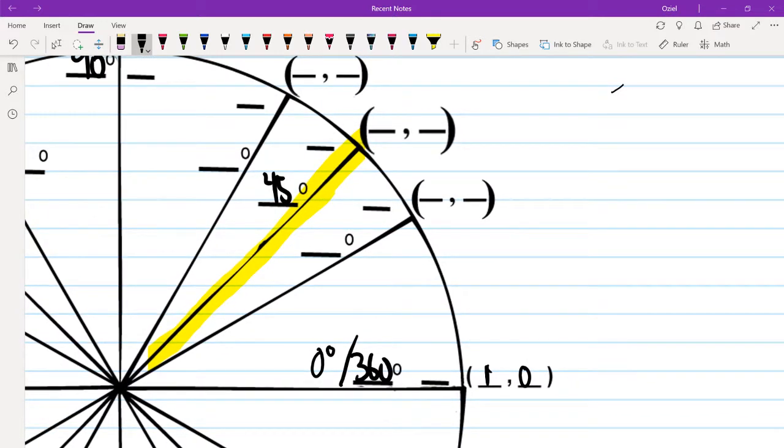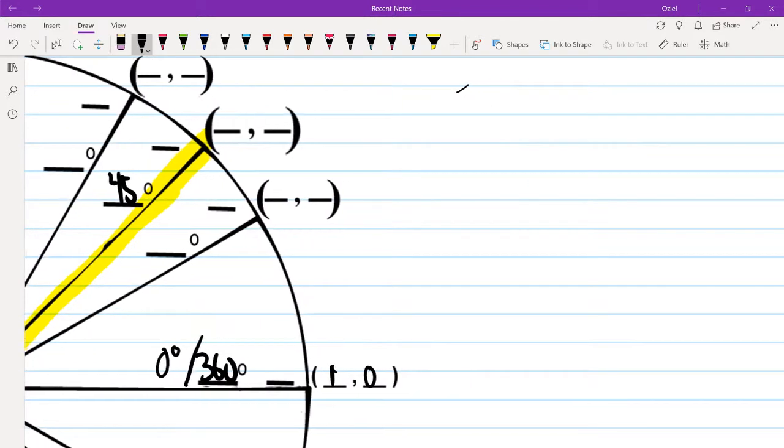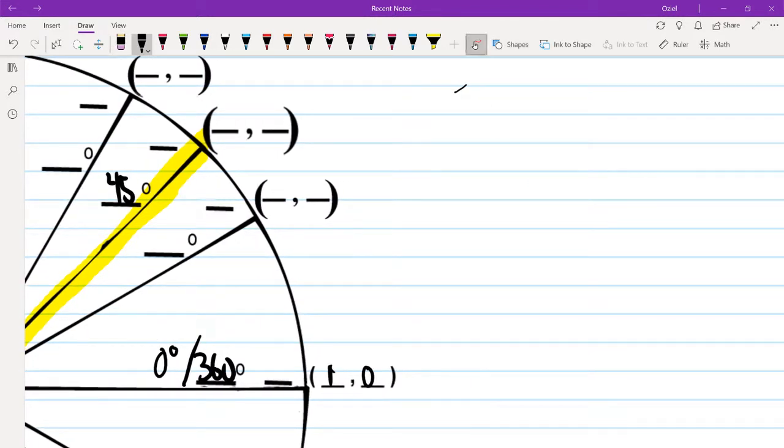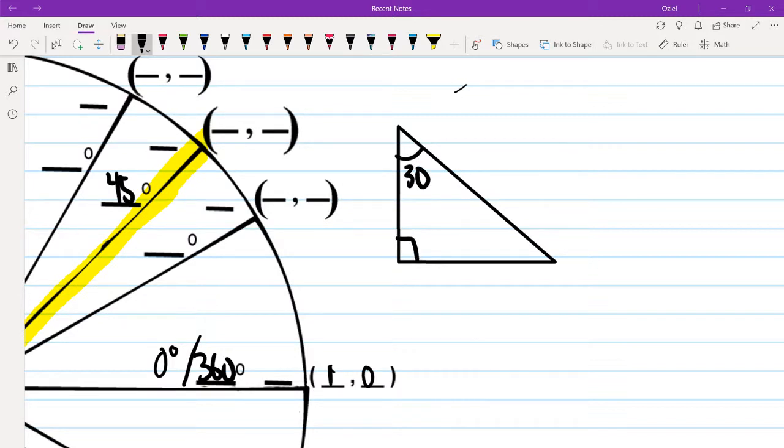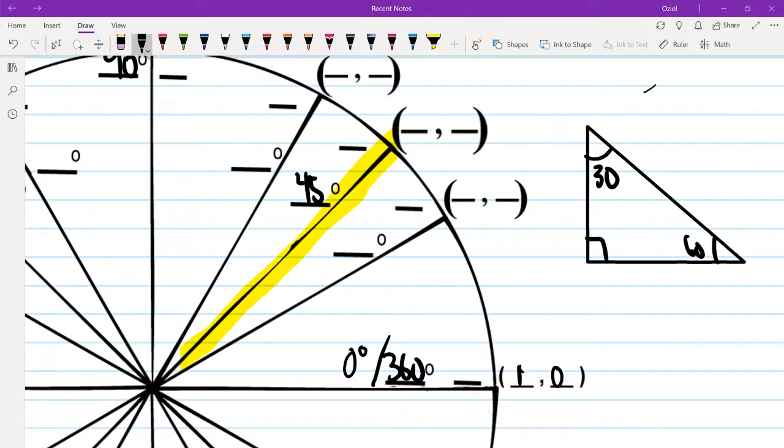One way you can remember what goes right here is if you think about your 30, 60, 90 triangle.